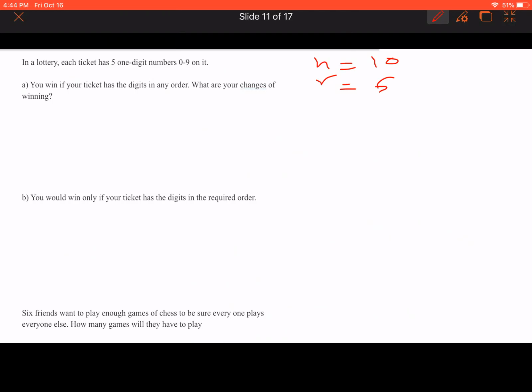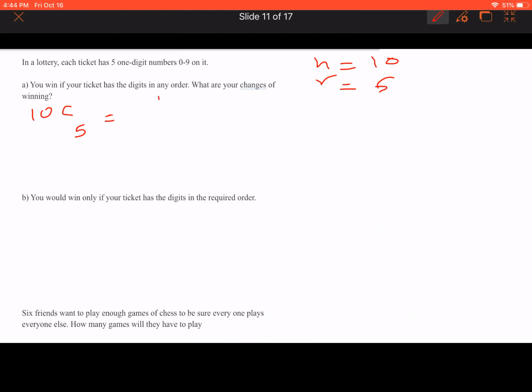Okay, the first condition is you win if your ticket has the digits in any order. What are your chances of winning, right? So any order, so the order doesn't matter. So we are going to do a combination problem.